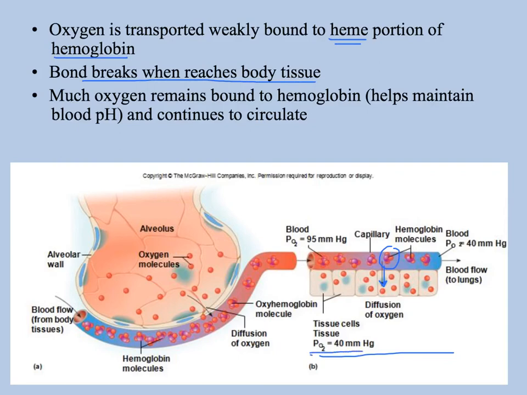The tissue cells have a partial pressure of oxygen of only 40 millimeters of mercury, and they're saying in this diagram that by the time it got to this cell, it was about 95 millimeters of mercury. So in actuality, much of the oxygen that is being carried by the blood is staying bound to the hemoglobin. It's not all falling into the body tissues when it gets down to those capillary beds.